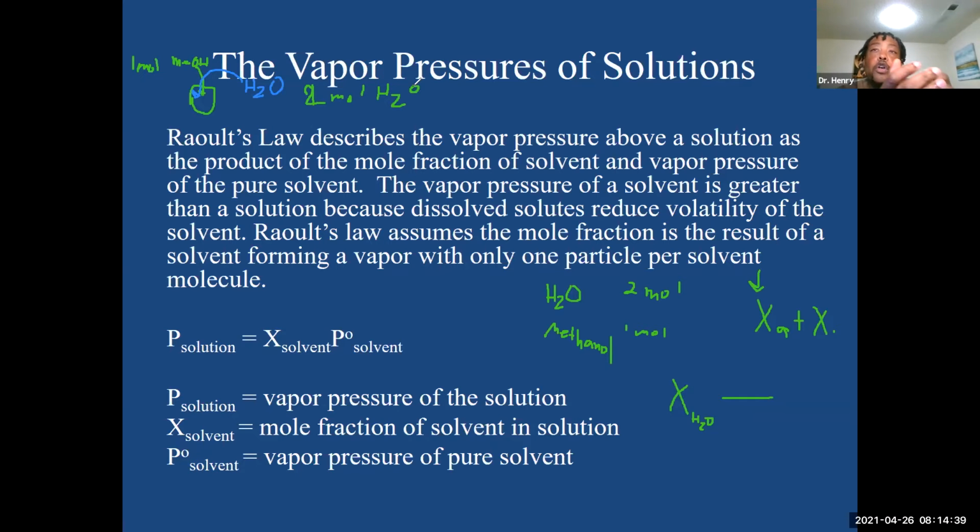So if I'm looking for the mole fraction of water, what is going to be my part? What is just the little part that I'm looking at, and what's going to be the total? Would the solvent be your part and the total would be the solution? That's right. My solvent in this case is going to be my part. So my moles of solvent over total moles in solution.